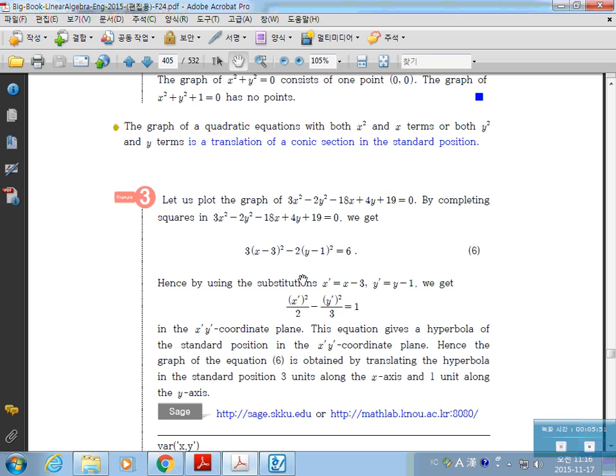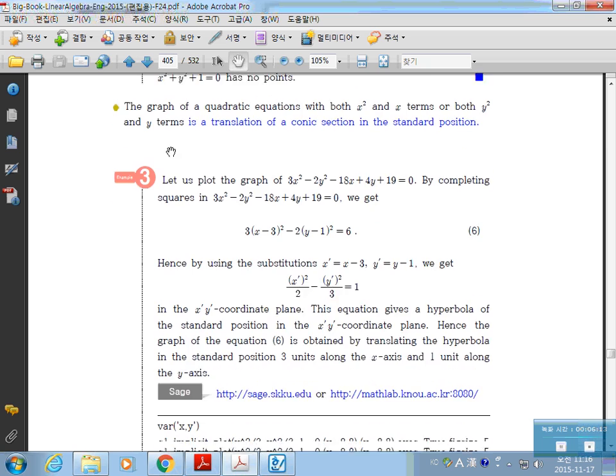So you can substitute the new axes, x prime and y prime. Then what that means is you can translate the conic section in the standard form in that way. So the x terms and y terms can be eliminated in the new axes, x prime, y prime.